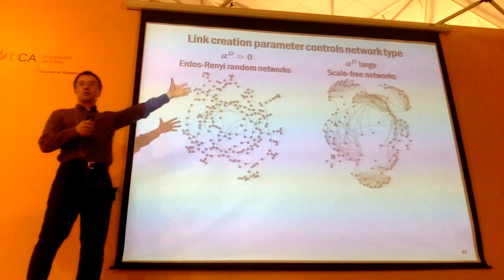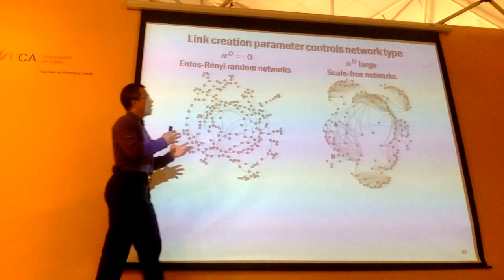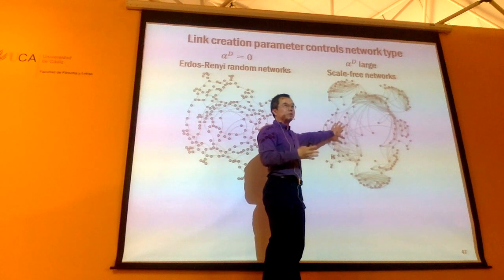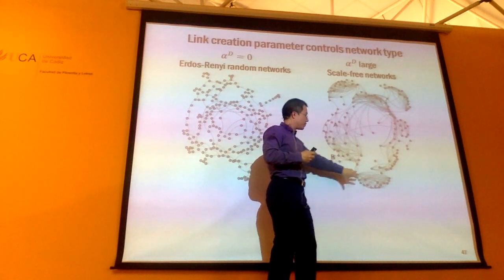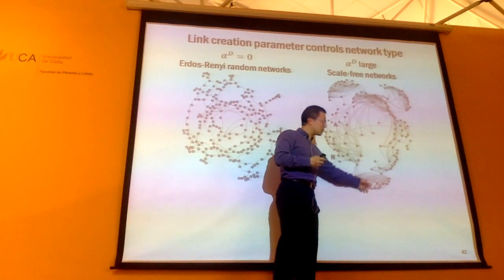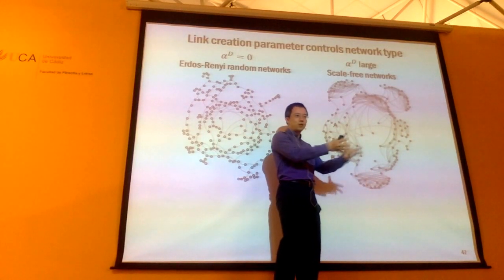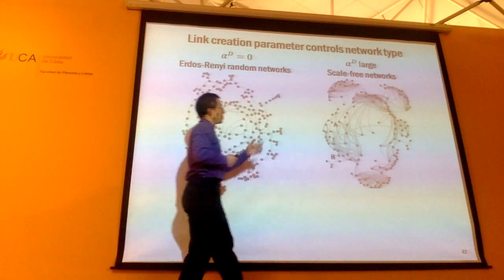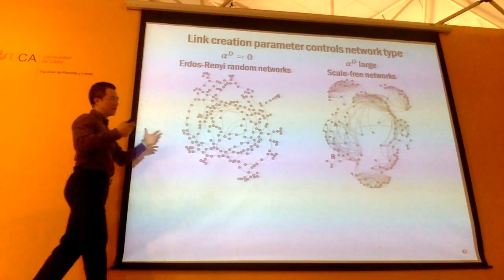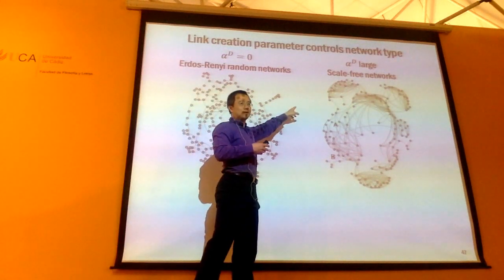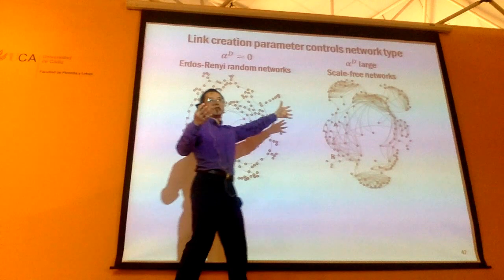Yeah? If you set this alpha to be something larger, okay, you will actually create some network which is more realistic looking. You will have some small clusters connecting people. Essentially, within these clusters, people retweet each other very often. That's why they tend to connect to each other. Okay. So by varying this parameter, you can get a diverse range of networks in between. Okay. Random graph and something like a scale-free network.